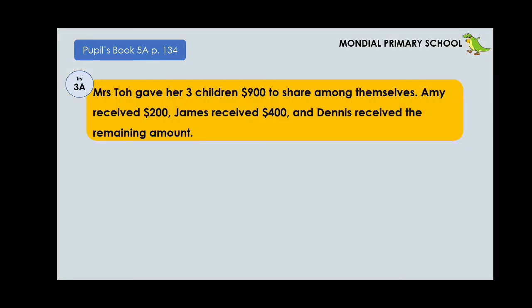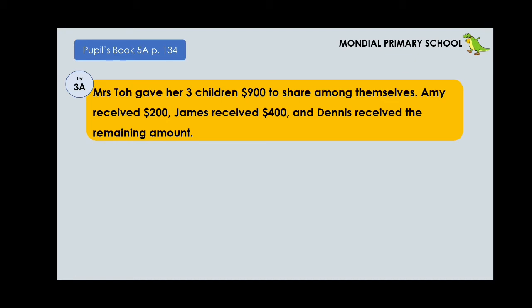Let's solve another word problem. Could you please open your mathematics textbook on page 134, try 3A, and read the problem? Okay, are you done reading the problem? What have we gathered from the problem?